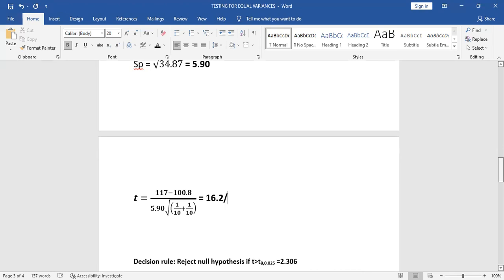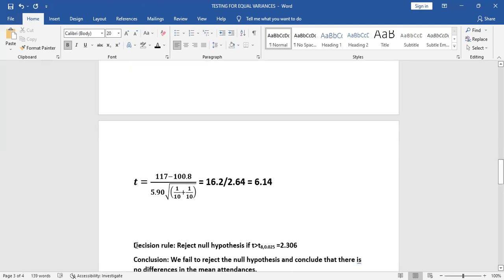I have 0.444, then multiply by 5.9, I have 2.64. So now I can get my T, 16.2 divided by 2.64. I have 6.14. That's my T.